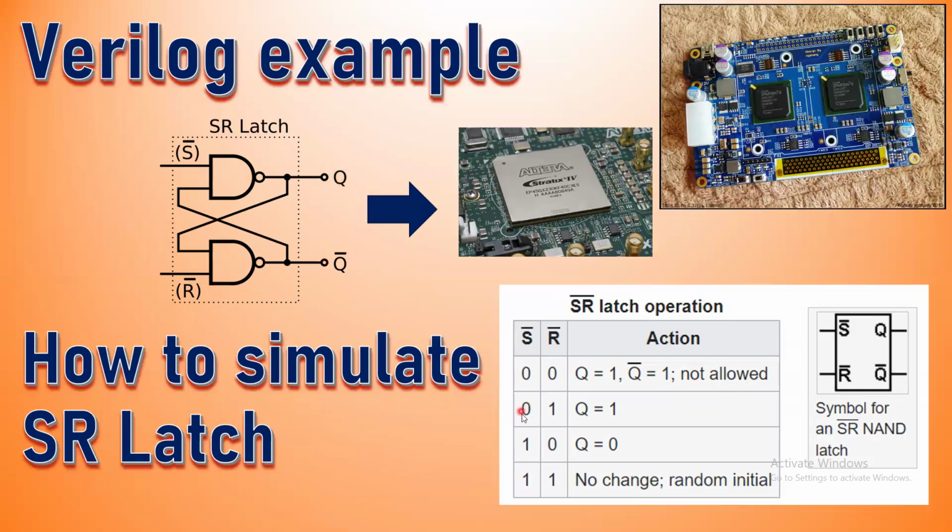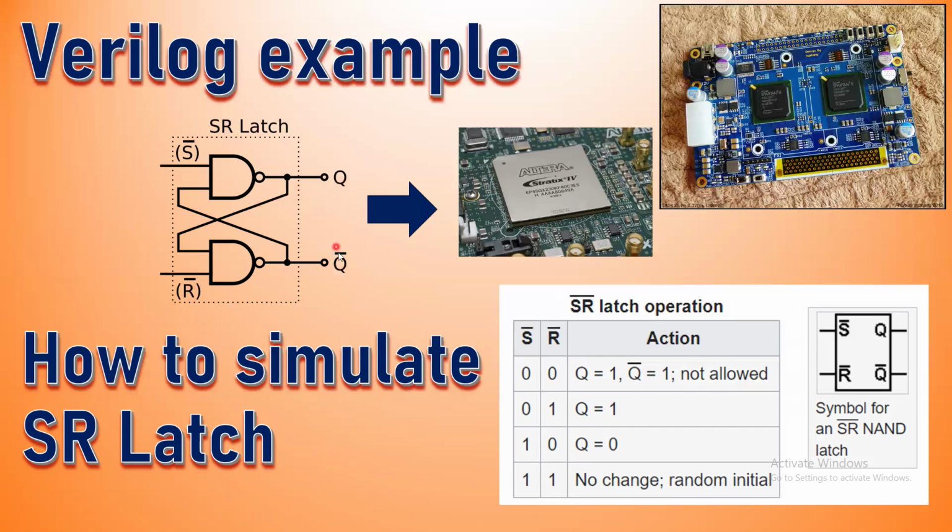So how to do that? S bar is receiving the input 0 right here. Obviously, if any one input of NAND gate 1, in this case, is set to 0, the output switches to 1, and R bar is 1 here, and this one coming here switches the output Q bar to be 0.